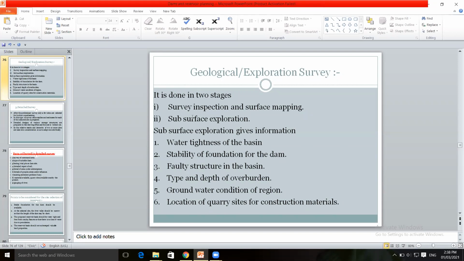Then in the subsurface exploration, different types of surveys are carried out, in that seismic refraction method and electrical resistivity methods. The subsurface exploration is done to study the various ground features above the ground level and below the ground surface, on the surface and below the surface. These various types of surveys are carried out.